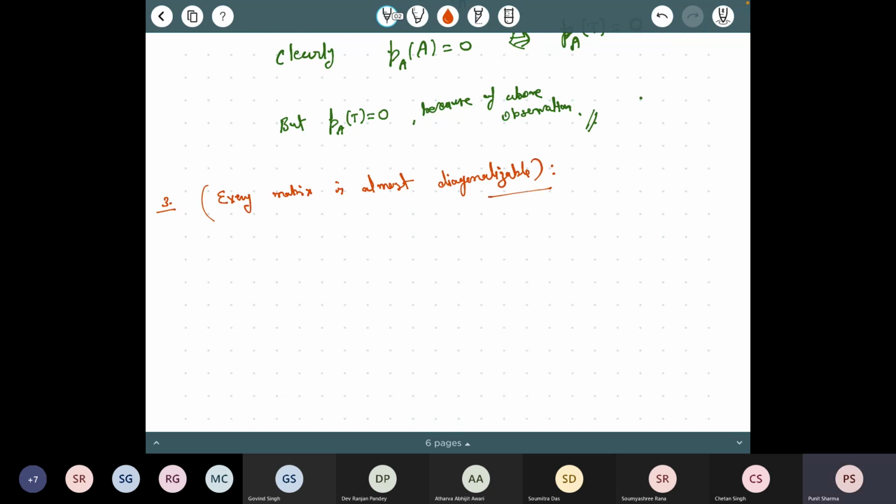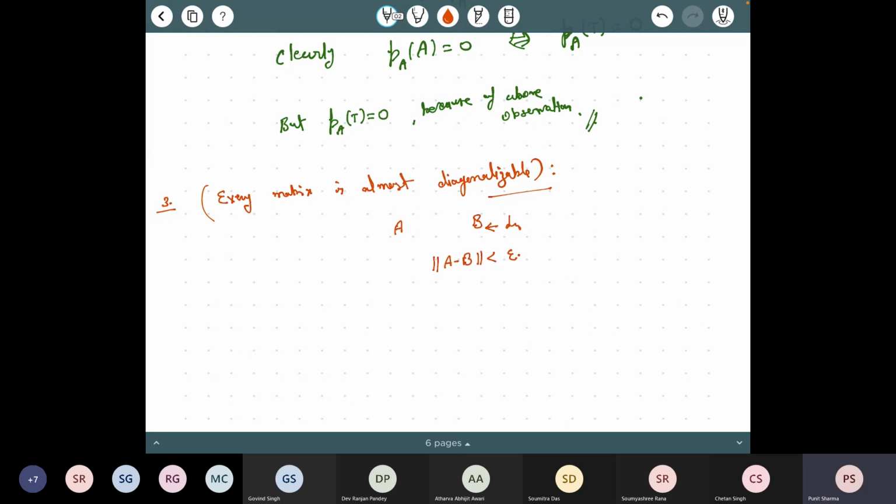So what do I mean by that? I mean that although the matrix A may not be diagonalizable, there exists a matrix B which is diagonalizable, such that the norm of A minus B, under a given norm, is less than a given epsilon.